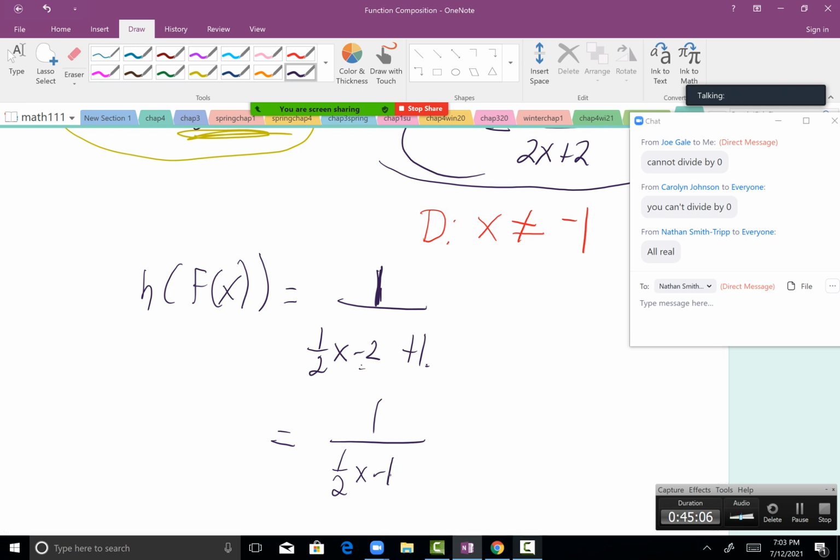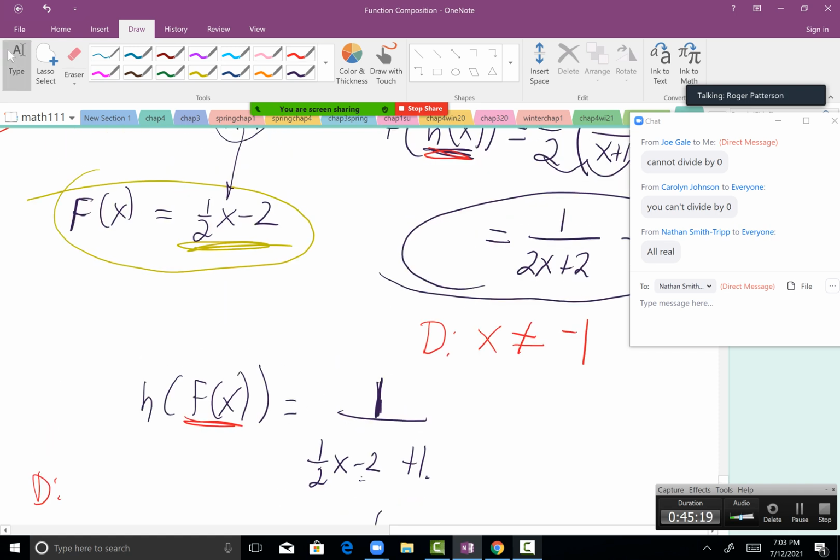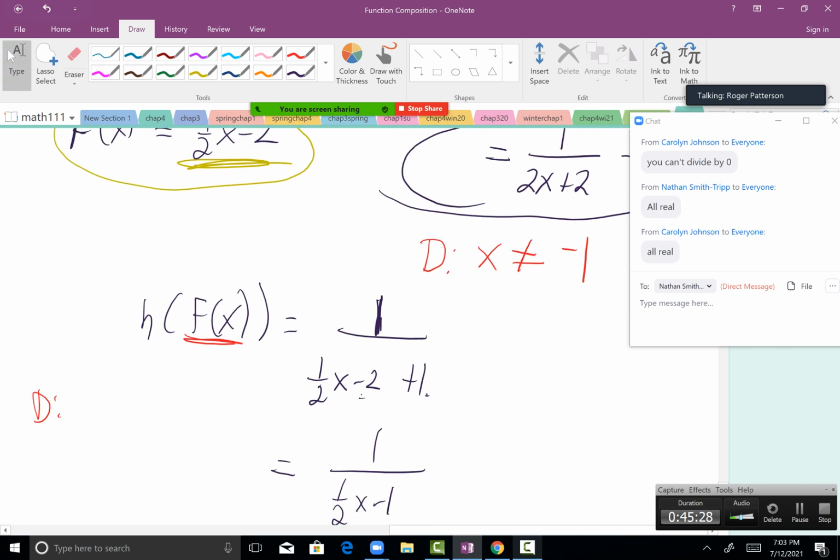All right. So now I'm going to go back and talk about the domain. I want to talk about the domain of the f function first because that's the one that I started with. So I go back up to that f function. What's the domain of the f? All real? Yeah, it's all real. Very good.